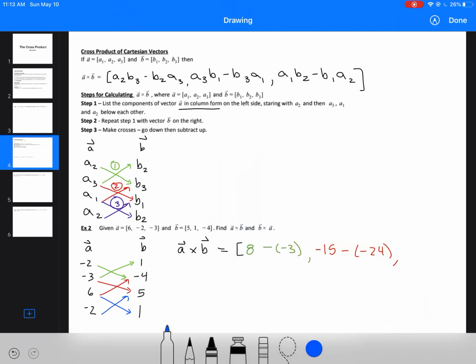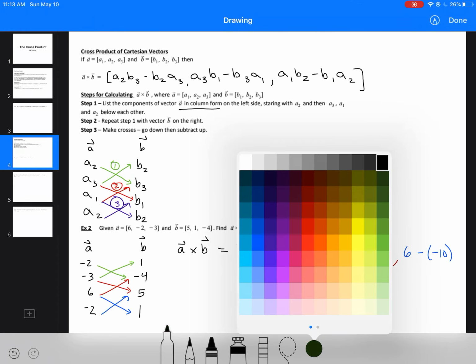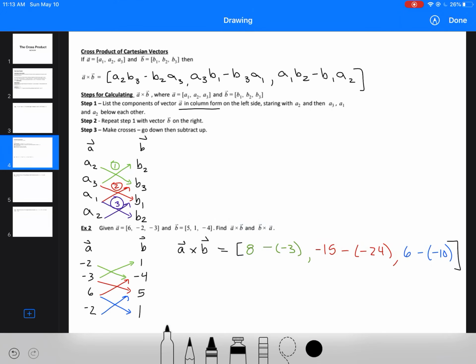And last one in blue should be 6 minus 10. So ultimately, when you simplify, you will get A cross B is equal to 11, 9, and then 16. The cool thing is if you reverse it, you actually get the negative.